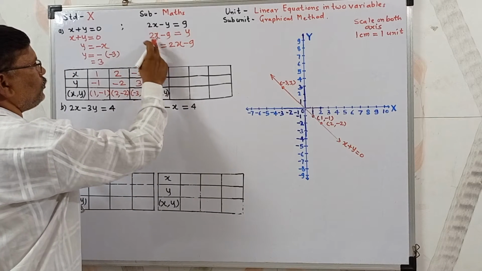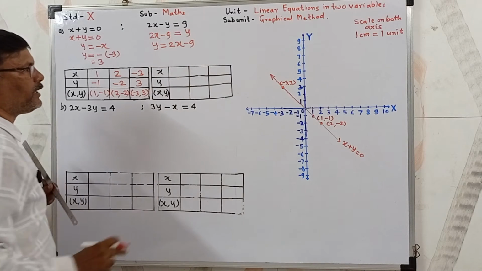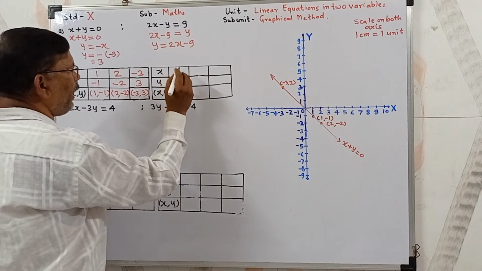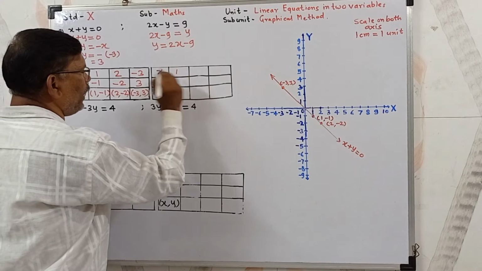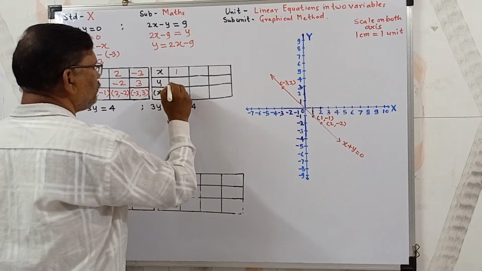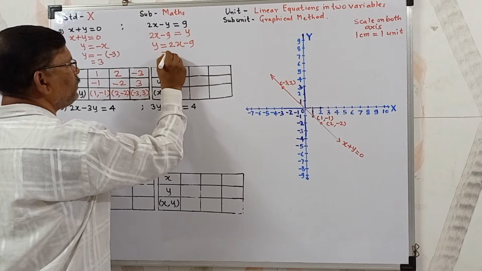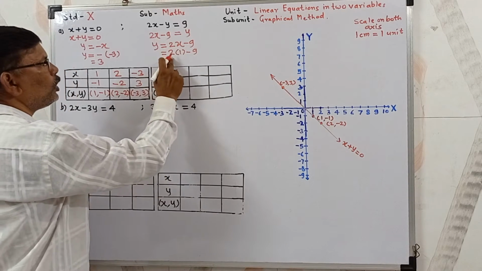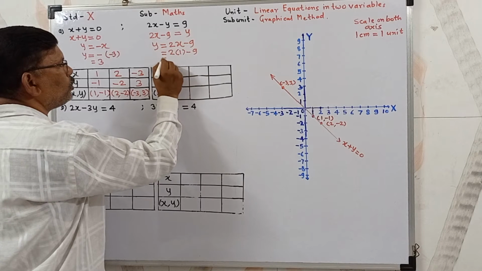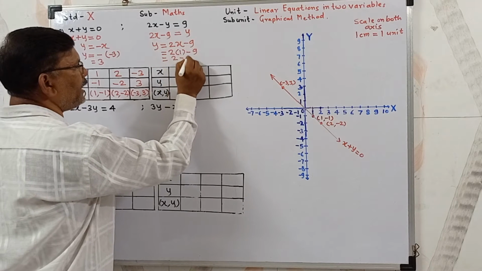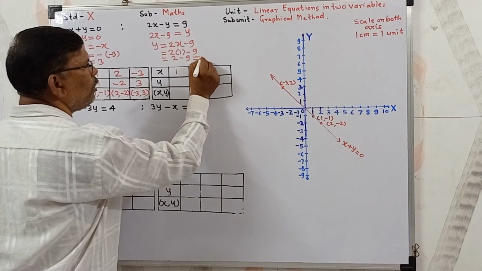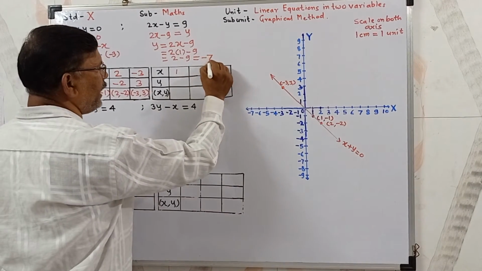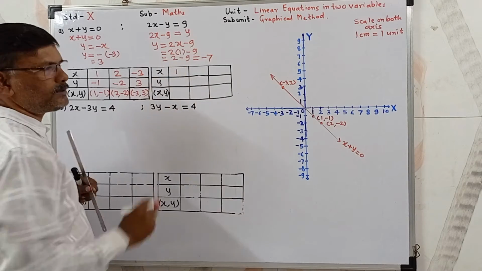We know y is equal to 2x minus 9. So put here the value of x. We put 1. Then what is the value of y? 2 into 1 is 2, so 2 minus 9 is equal to minus 7. We have learned how to do this.